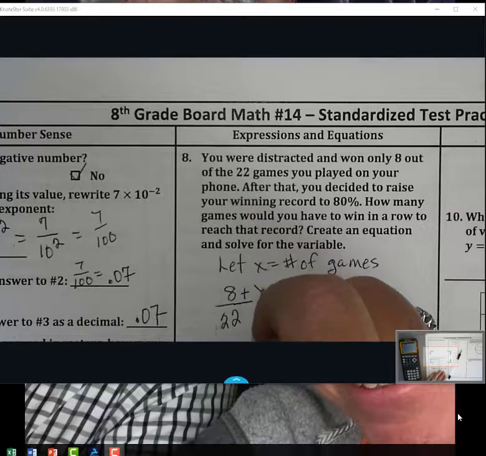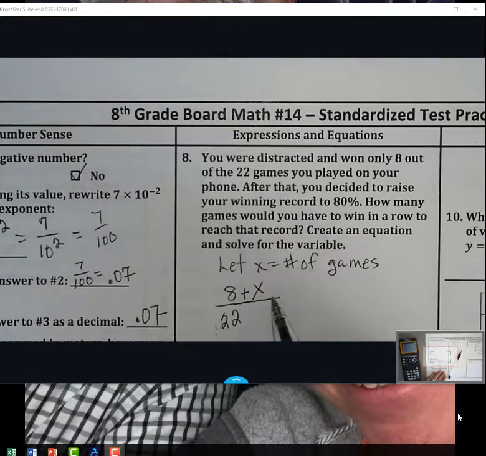So 8 plus how many more we need to win. This number needs to get larger by what we've already won and how many more we need to win. We've already played 22. This isn't going to stay 22 because we're still playing games. We're just going to make sure we win each one.